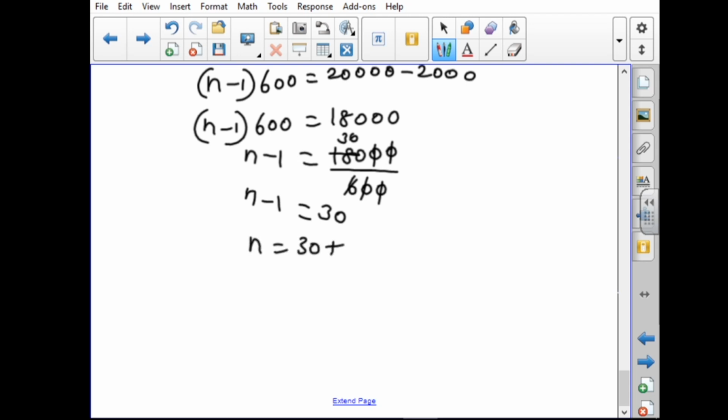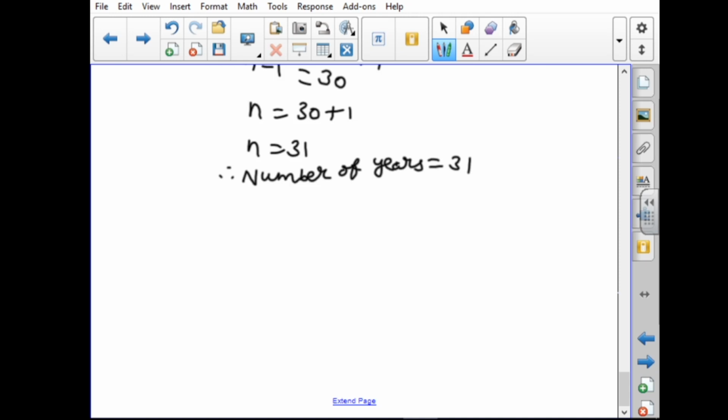This minus 1 goes to the other side as plus 1. So n equal to 31. N means what here? The number of years is 31. So n equal to 31. Therefore, number of years equal to 31. But what they ask in the question is, when the saving is 20,000, what will be the year.